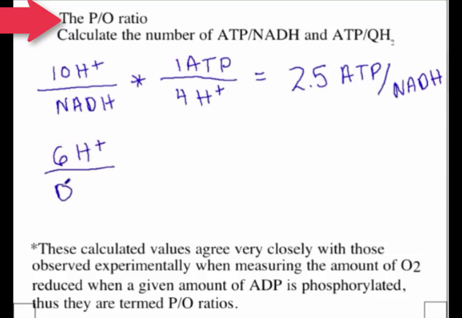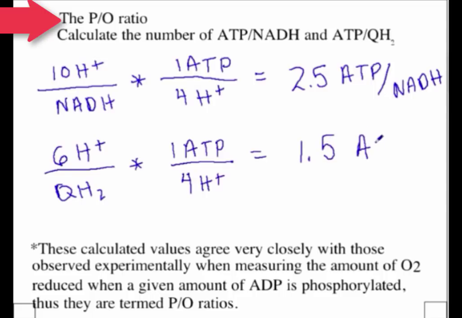Per QH2 times 1 ATP per every 4 protons, and then that's going to equal our number that we already know, 1.5 ATP per QH2.